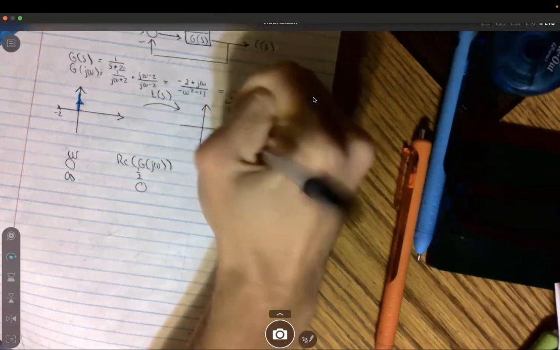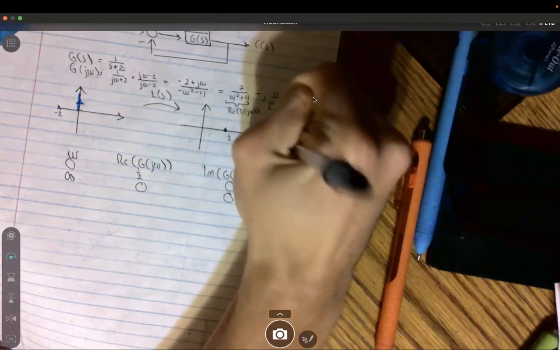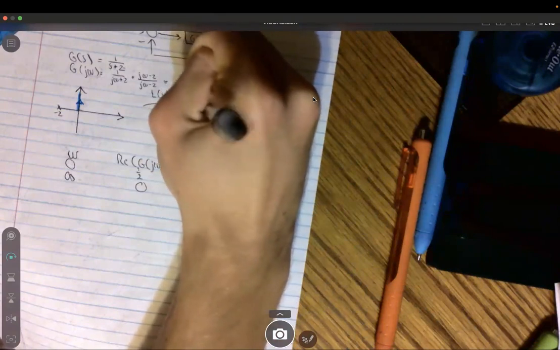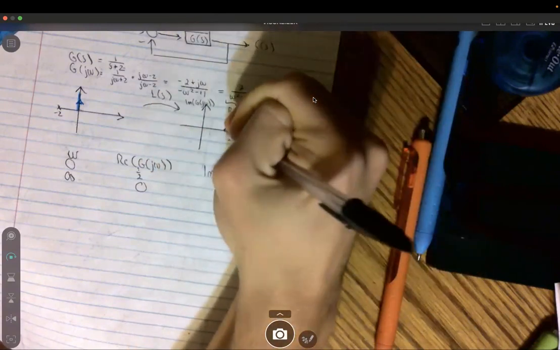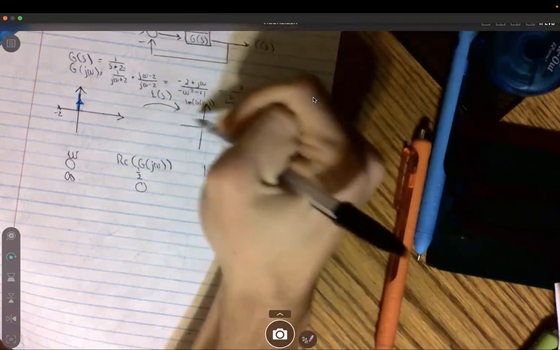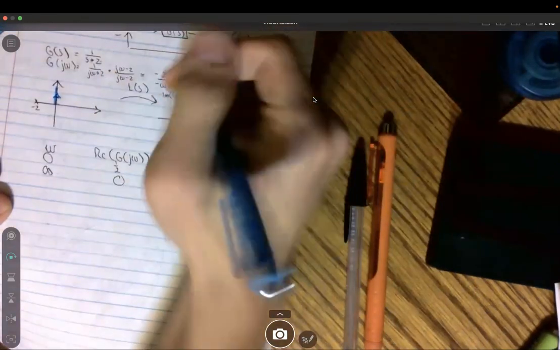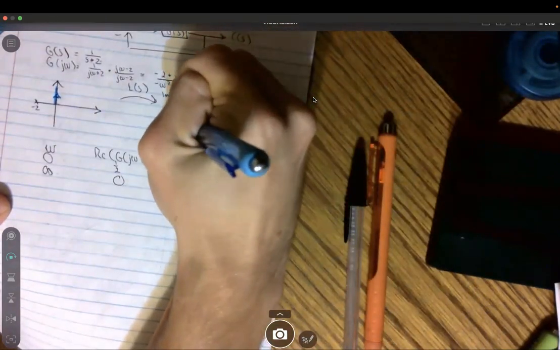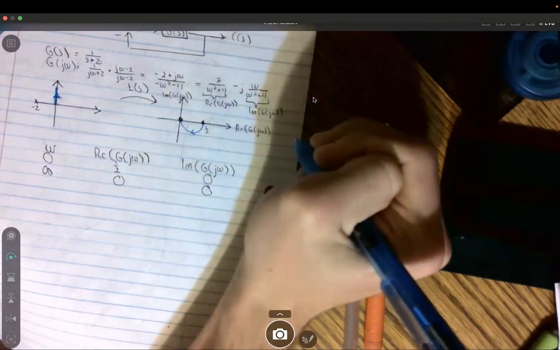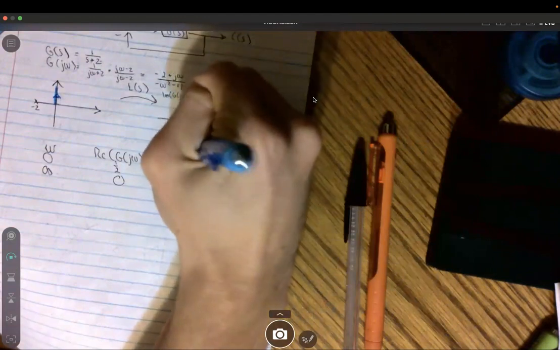So at the point 1/2 comma 0, for the real part of J omega versus the imaginary part of J omega, and when omega goes to infinity, it's going to be at 0, 0. So when we traverse this upwards from 0 to infinity, it's going to go from 1/2 comma 0 to 0, 0. And so that's our first segment.